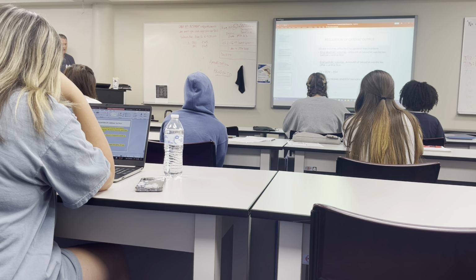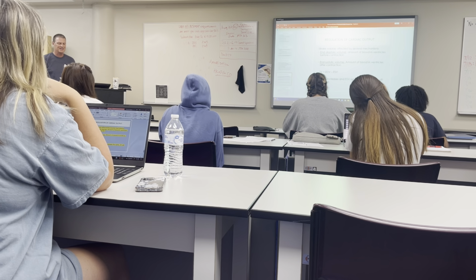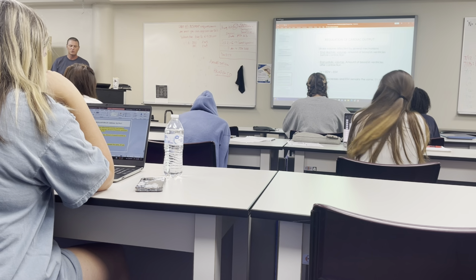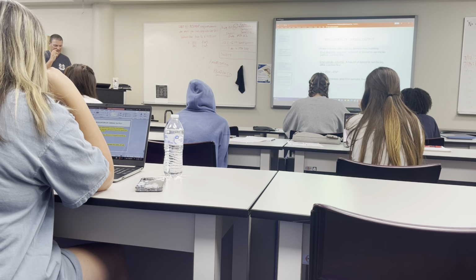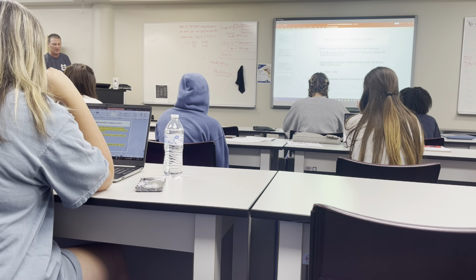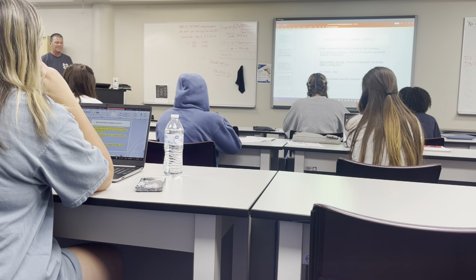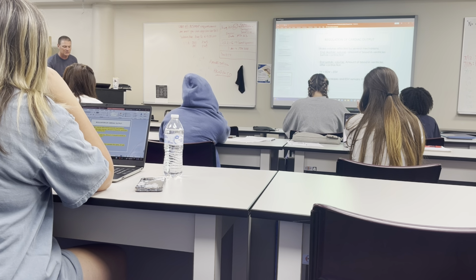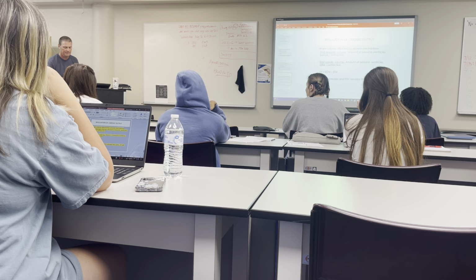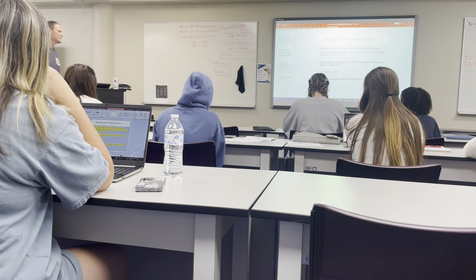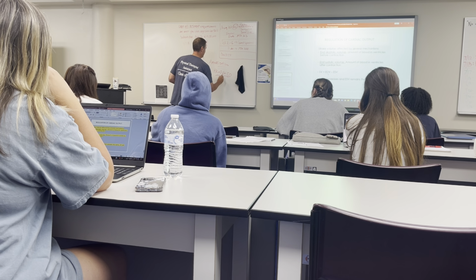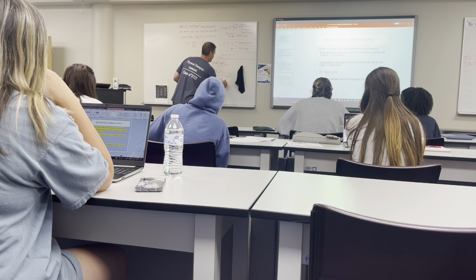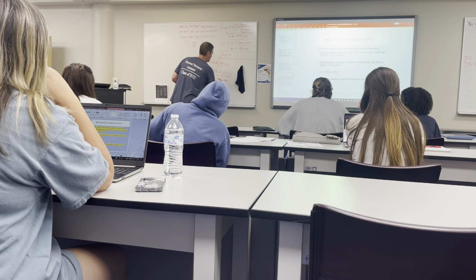So, the concept of end-diastolic volume, the amount of blood in the ventricles before the contraction, okay? Versus end-systolic volume, which is the amount of blood in the ventricles after contraction. That is what stroke volume equals, okay? So we can now take this equation and put this in here.